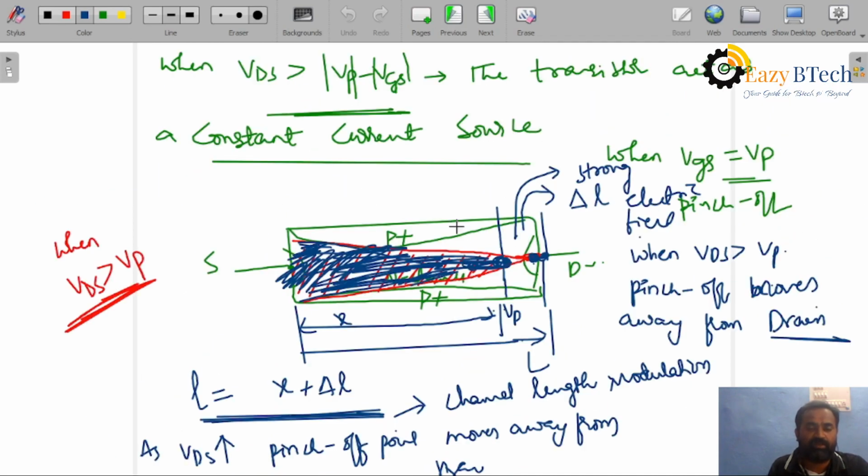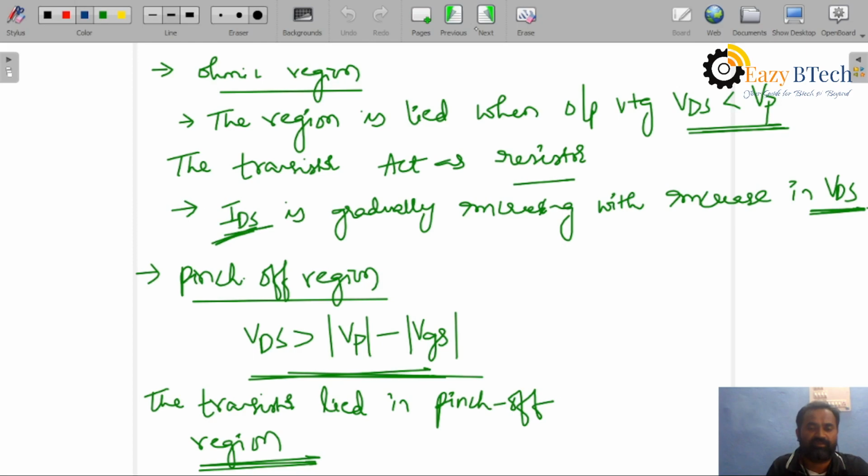Now channel length modulation occurs when the pinch off point moves away from the drain. When it moves away from the drain, the channel length decreases. When the length decreases, an excess electric field is produced, due to which the transistor undergoes breakdown, due to a huge amount of reverse saturation current.